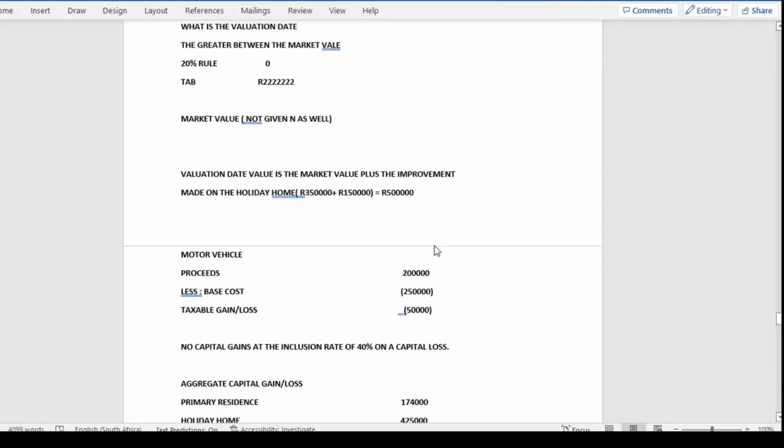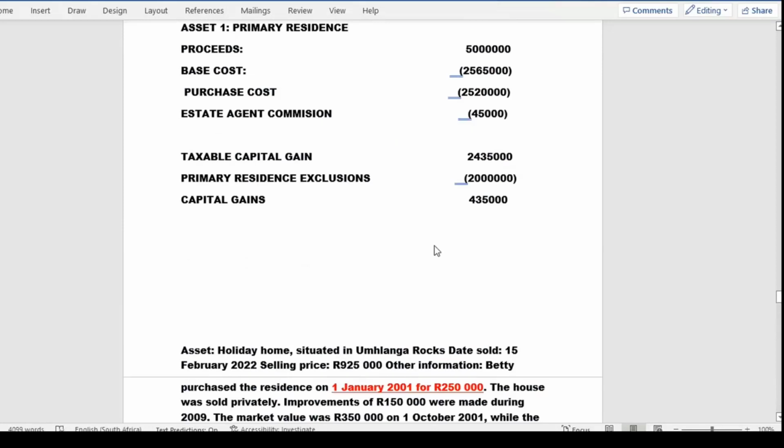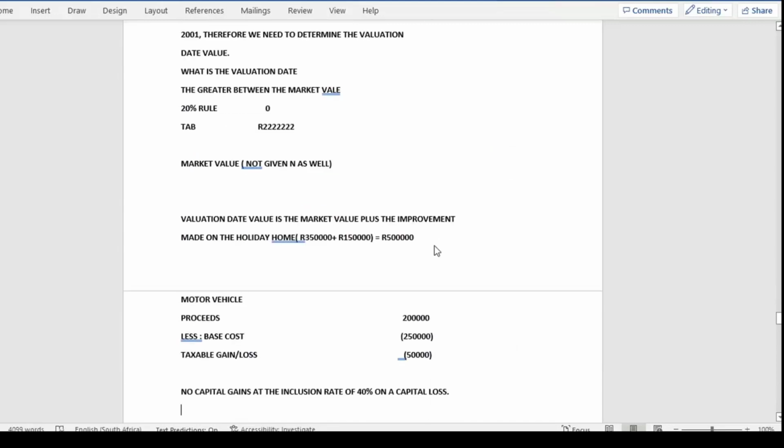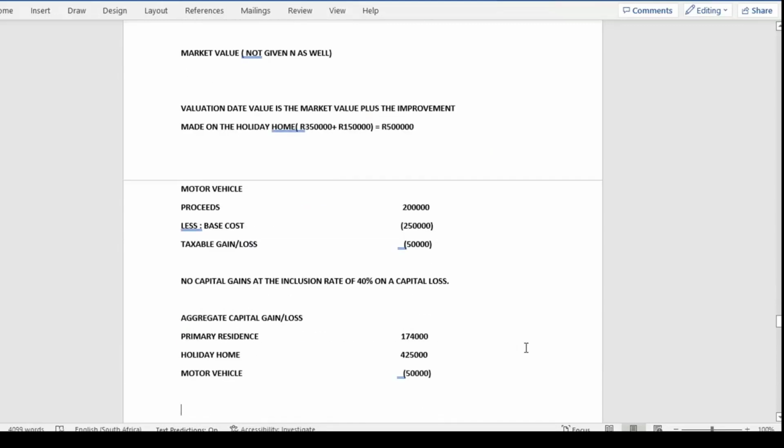Let me just go back. Just want to check out something quickly. 435. But remember, it's a combination now. 435, 1, and then you're going to have what's called aggregate capital gain.